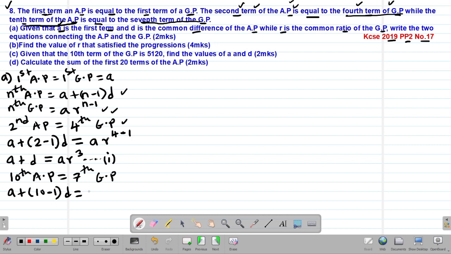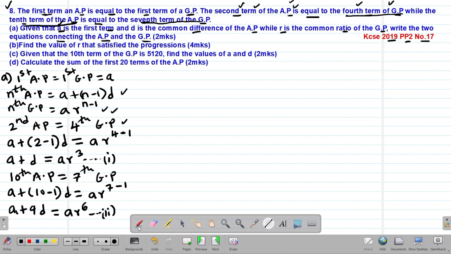So the 7th term will be AR to the power of 7 minus 1. When we simplify, we'll end up with A plus 10 minus 1, you'll get positive 9, then we multiply with D. This one should be equal to AR to the power of 7 minus 1, we'll get 6. So this will be our equation Roman 2. Therefore, equation Roman 1 and Roman 2 are the required two equations connecting the AP and the GP.